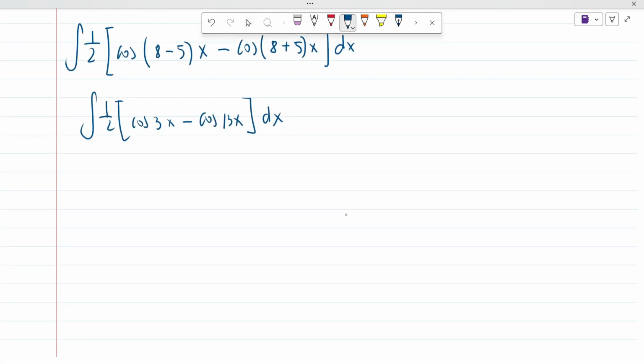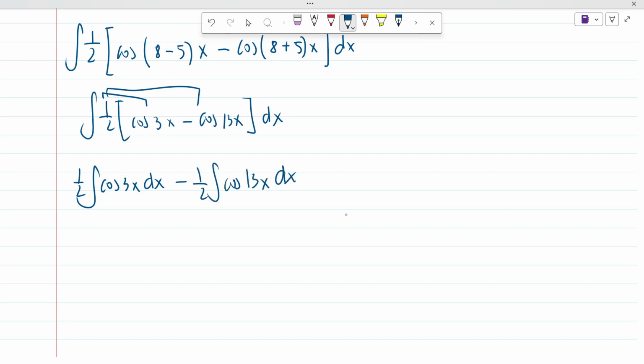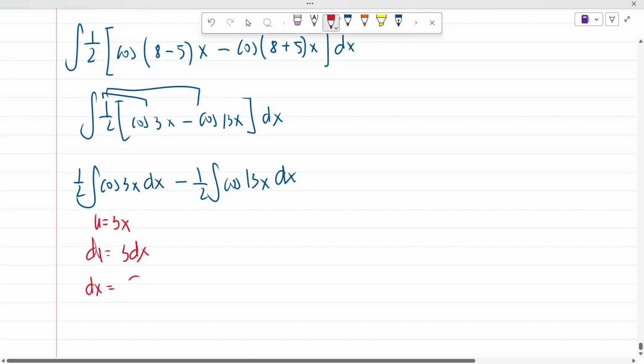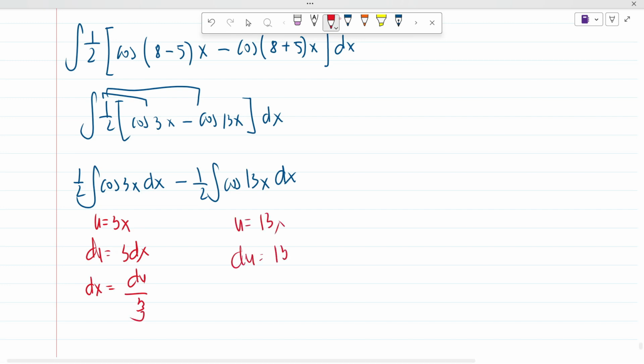Next, integrate them one by one. The 1 half I take outside, and then the 1 half is distributed to cosine of 3x minus 1 half of cosine of 13x dx. So the value of u is 3x, while du is 3 dx, so dx is equal to du over 3. While for u equal to 13x, the derivative is 13 dx, so dx is equal to du over 13.